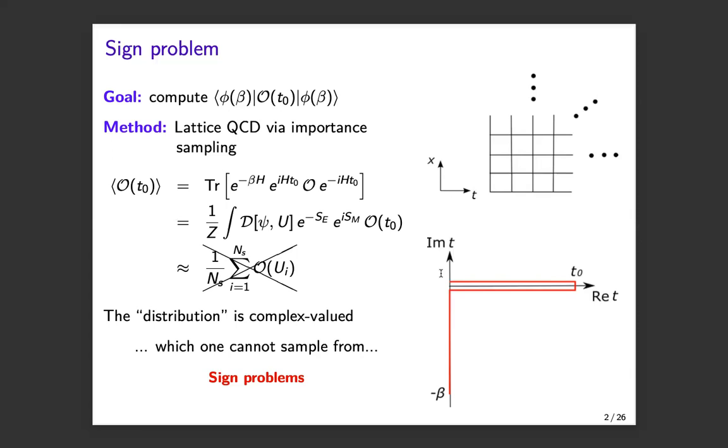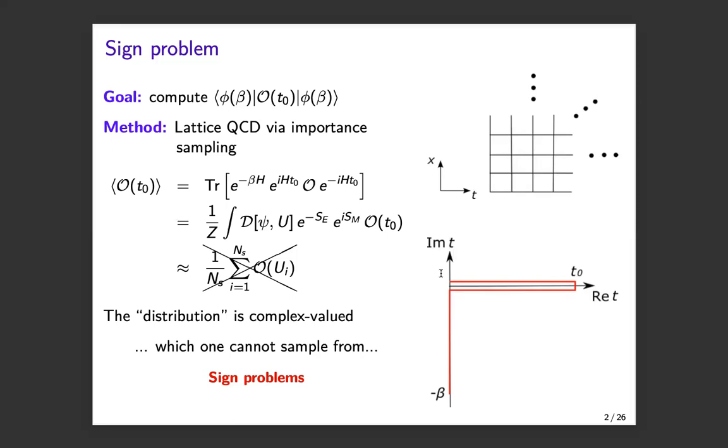As you can see, because your distribution is now e to the i times the Minkowski action of QCD, this distribution is not real and positive valued. So you cannot use this function as your distribution function. It has to be real and positive if you want to sample from it. Or if you have a finite density, then the Euclidean distribution part also takes a complex value, so it has a sign problem.